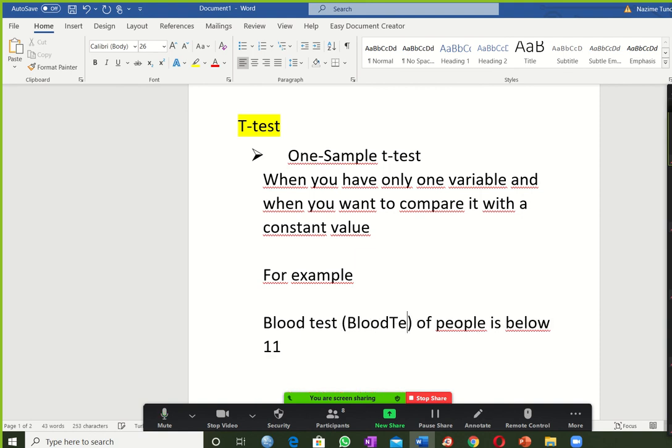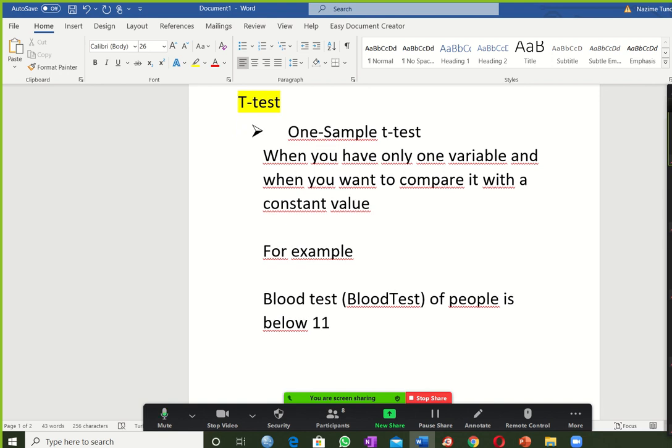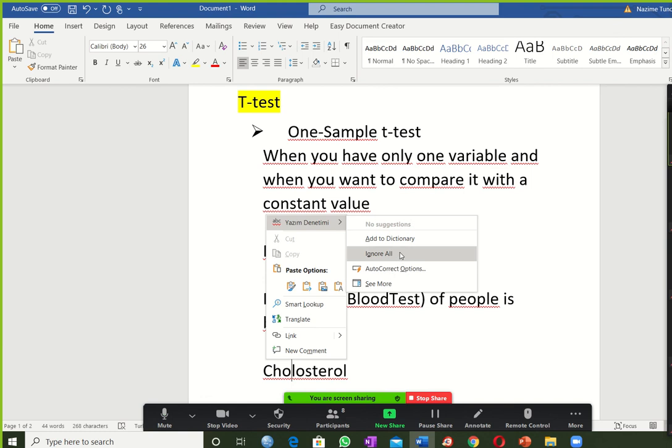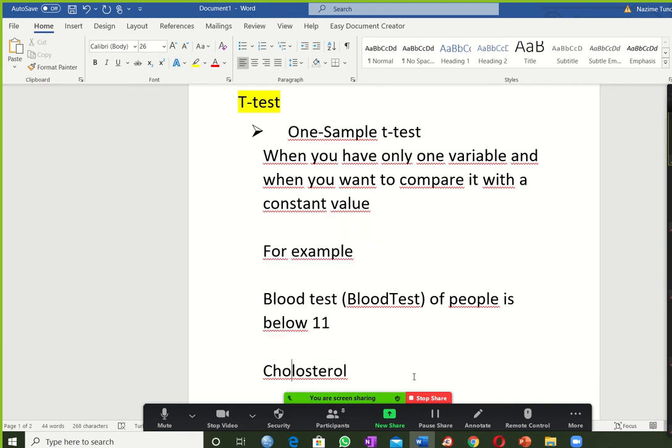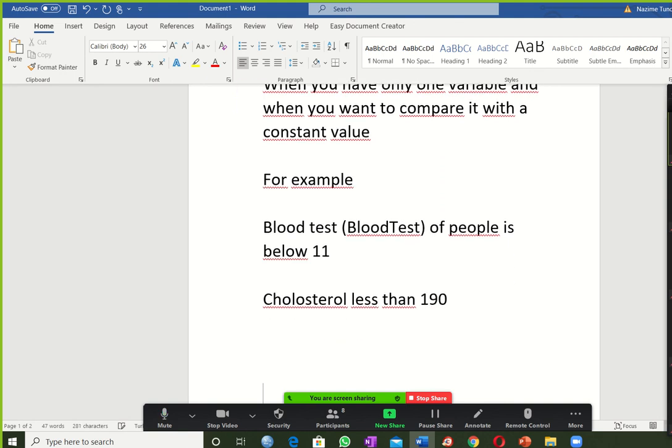Or let me give you another example: cholesterol less than 190, let us say.